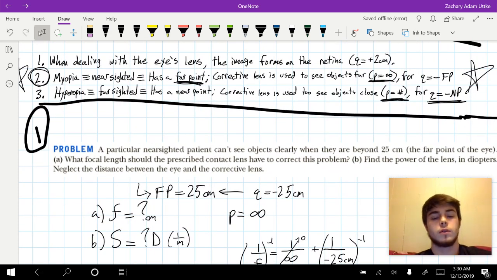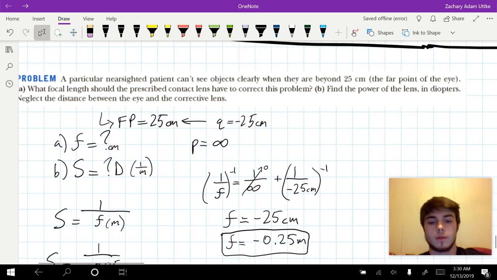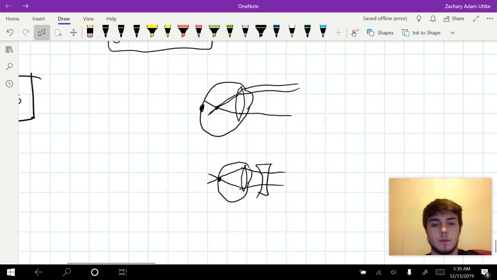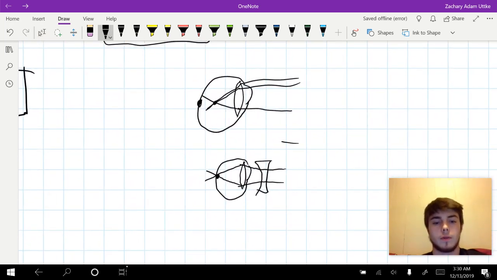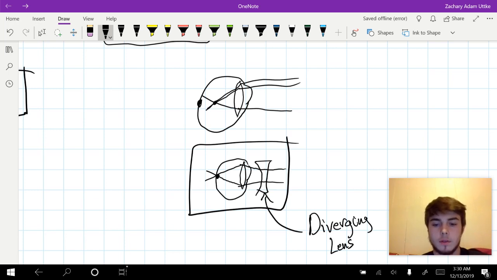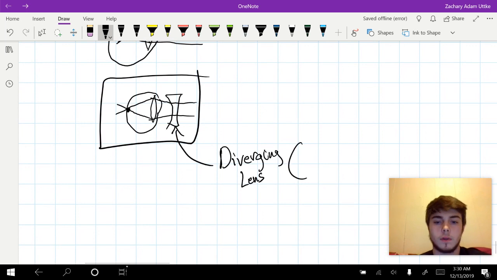That means you have a far point and you need help seeing far away. Okay, so in that case, this is what we're dealing with right here. We would need a diverging lens. And we could also have just known that by the focal length being negative.